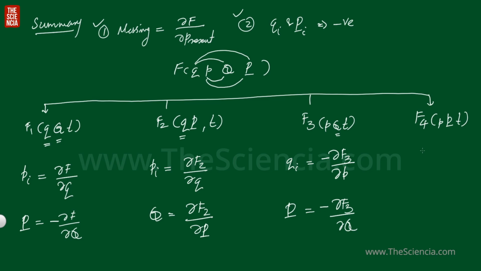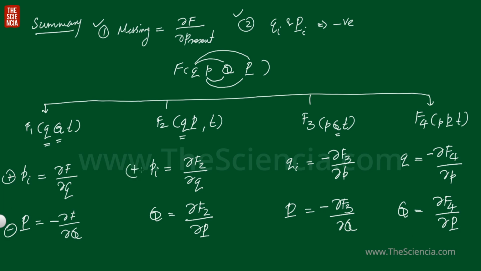And another one missing is small q, that is equal to ∂F4 by ∂p. And for small q, there will be a minus sign. And another missing coordinate is capital Q, that is equal to ∂F4 by ∂present. So here you can see this equation is positive, this is negative.